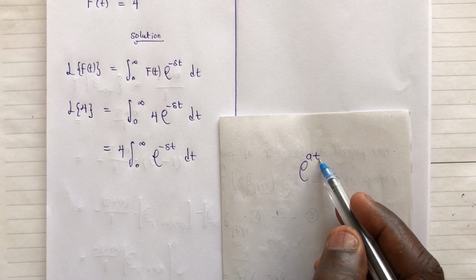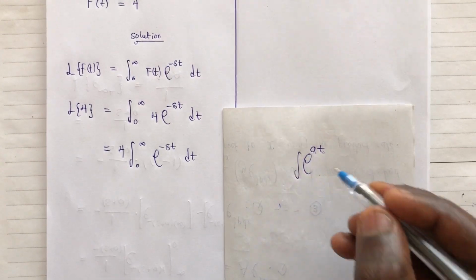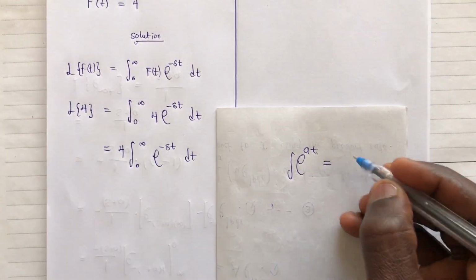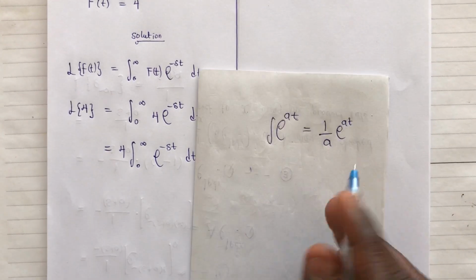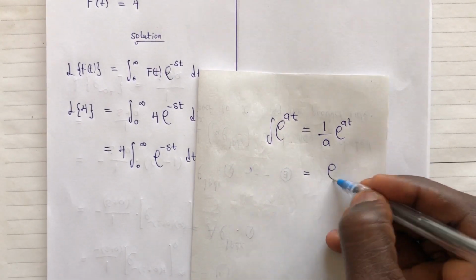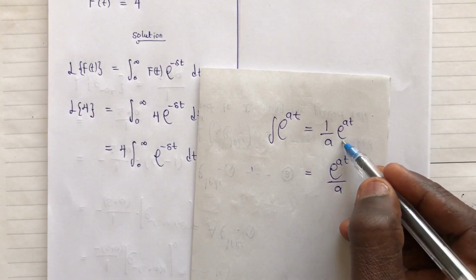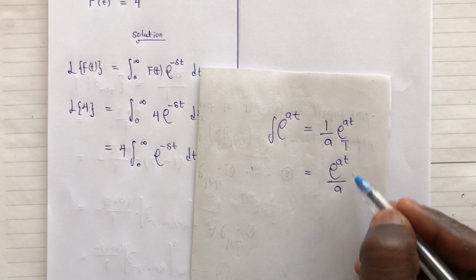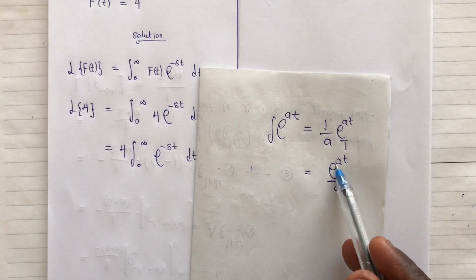This is the coefficient of this. Let's assume this is a scalar. Then the integral of this function is the same as 1 over a times e to the power at, or you can also say e to the power at all over a. Remember that this is a fraction, this is over 1. A times 1 will give me a. 1 times e to at will give me the same result.